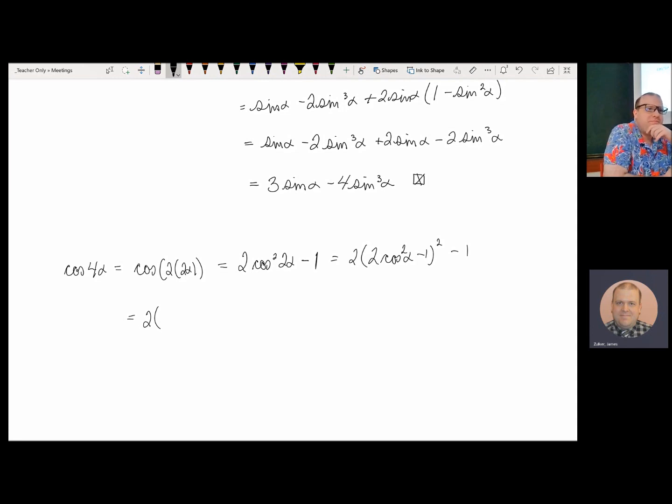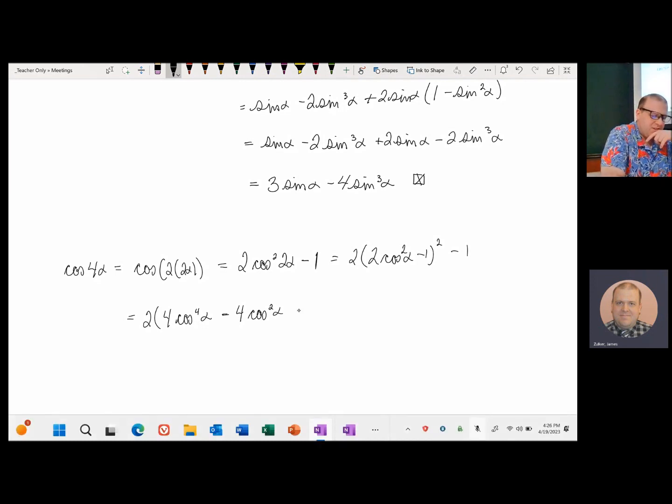Square of the first term, plus twice their product, which will be twice negative 2 cosine squared, and then the square of the second term.